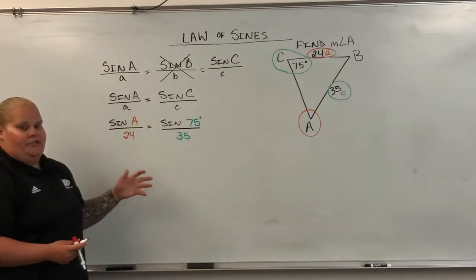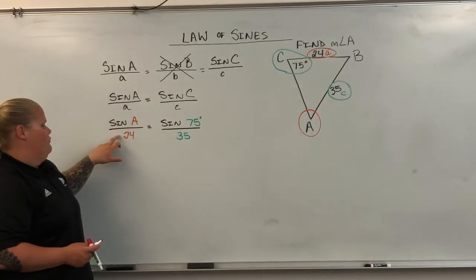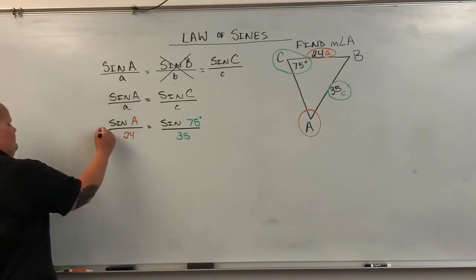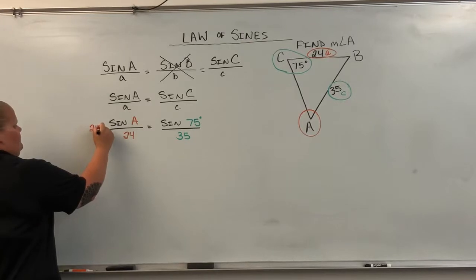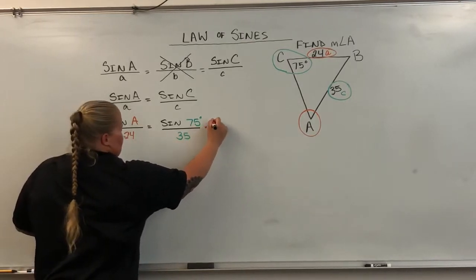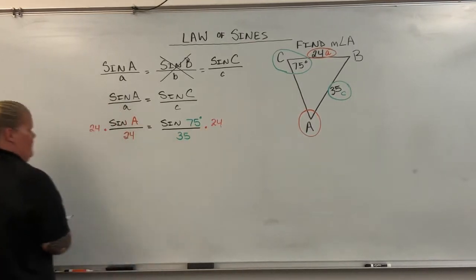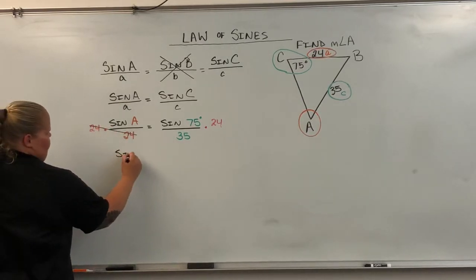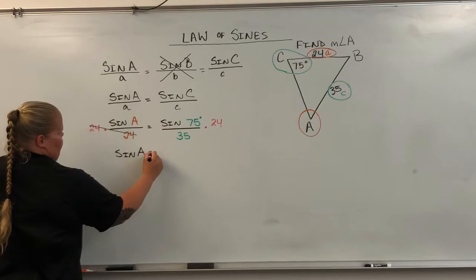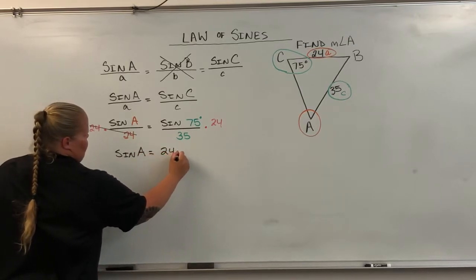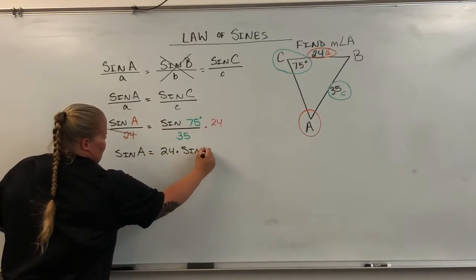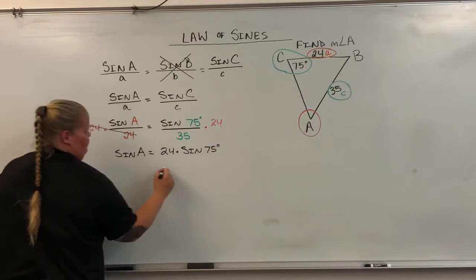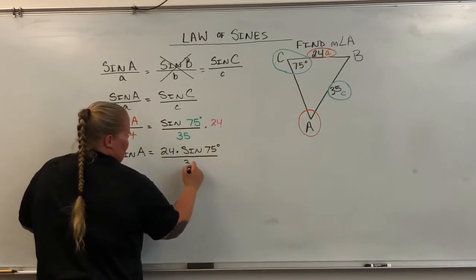The first thing I'm going to do is get rid of this fraction over here by multiplying both sides of this equation by 24. So these will cancel. I have the sine of angle A is equal to 24 times the sine of 75 degrees divided by 35.